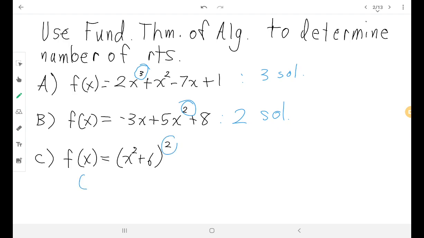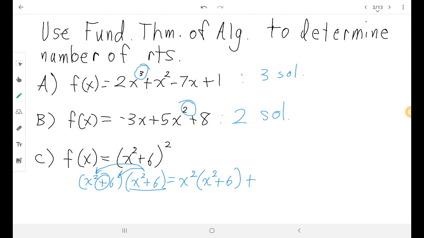X squared plus 6 squared like that means x squared plus 6 times x squared plus 6 again, which means if I take this and distribute it to each of these, I'll have x squared times the entire x squared plus 6, plus that 6 times x squared plus 6.